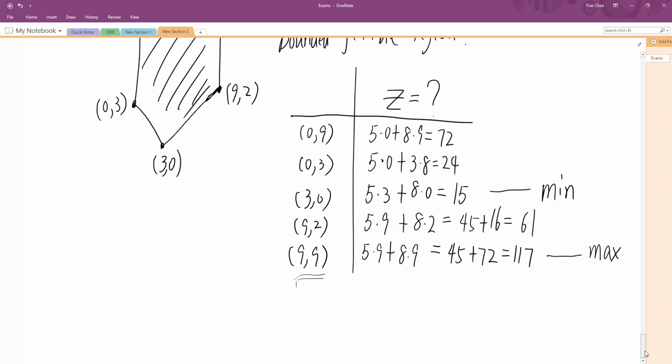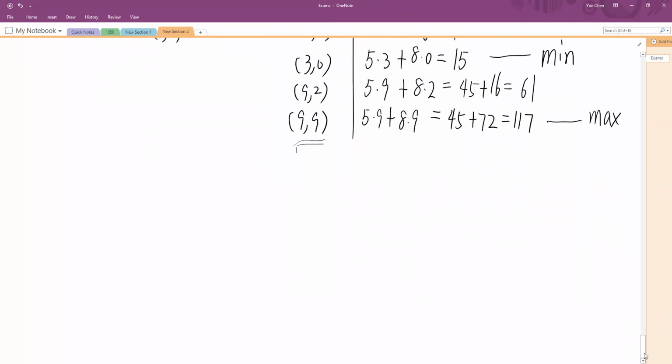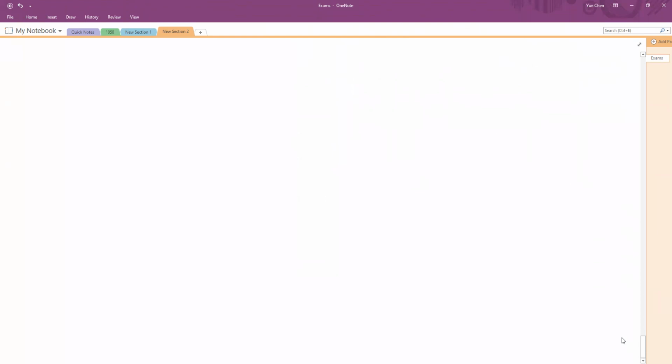Okay, so this is this problem. Number 13, which asks you to solve the linear programming that is given. We want to maximize z equals 6x plus 7y.